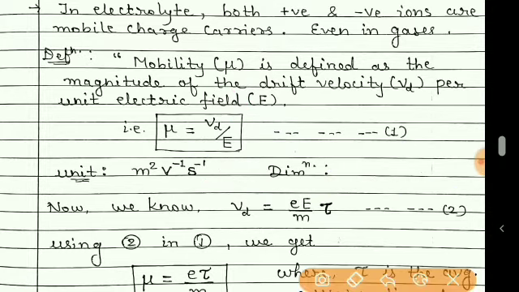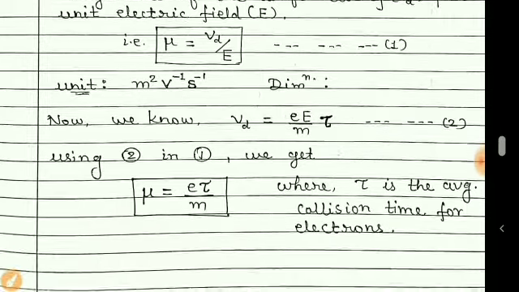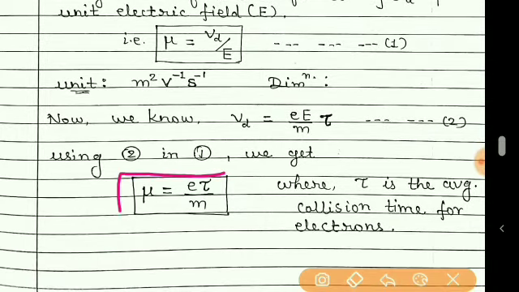Now let us give this equation number 1, and from the drift velocity concept of that drift velocity we obtained this equation. So now using this Vd here, we'll get this equation after simplification, or you can simply say that in this equation bring this E from right side to left side.